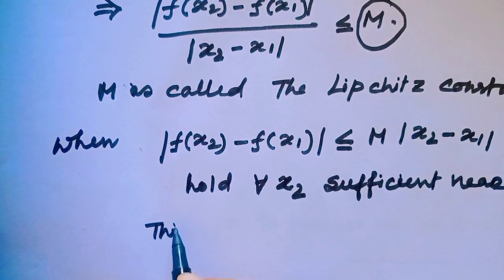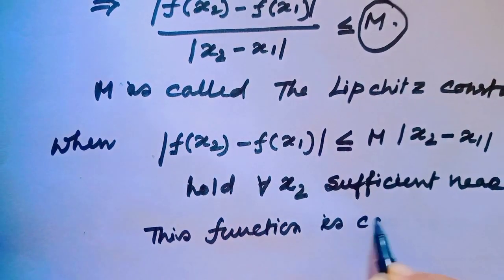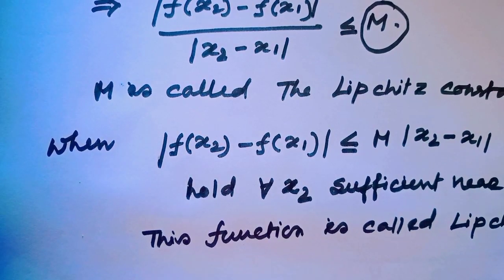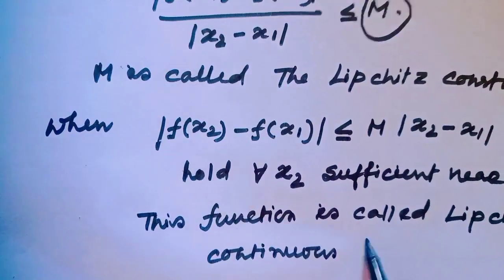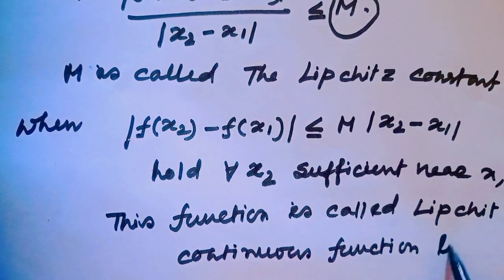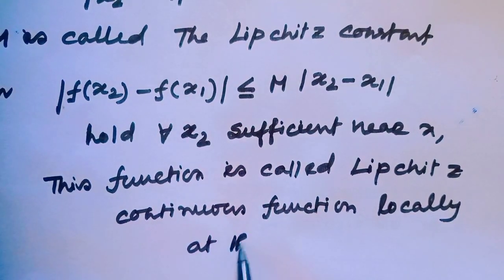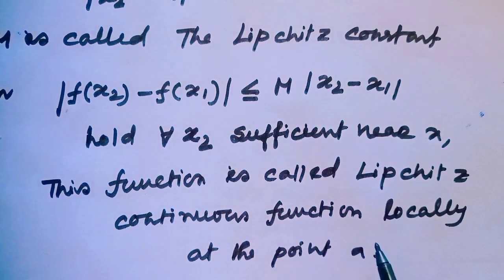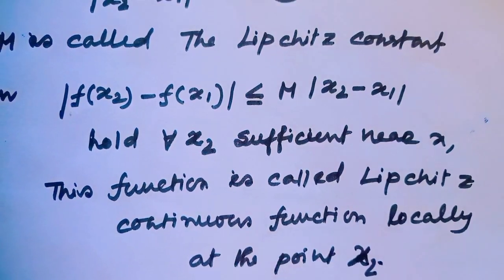This function is called a Lipschitz continuous function locally at the point A. Okay?